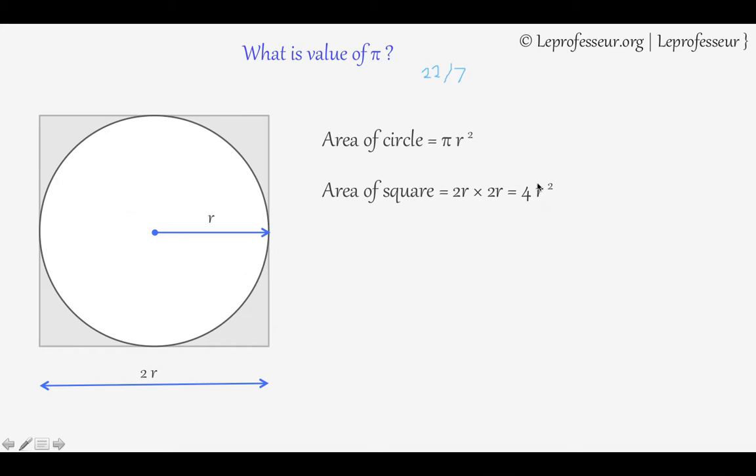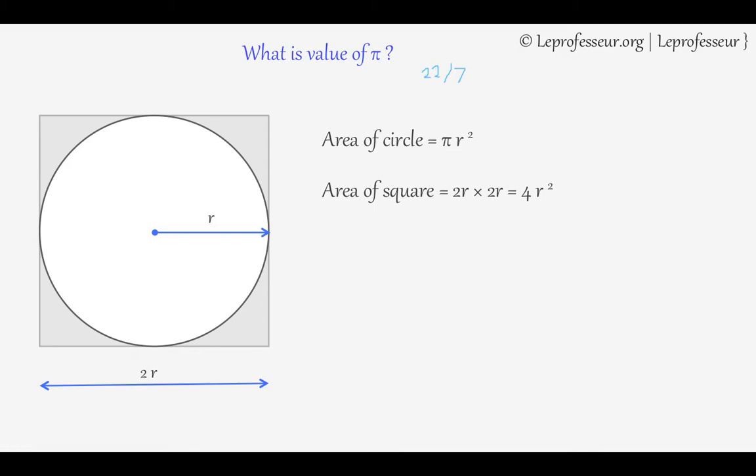What if we divide the area of the circle by the area of the square? Then r square cancels, and we get pi by 4. So pi equals 4 times the area of the circle divided by the area of the square. The essential question is that we don't know either the area of the circle or the area of the square. So what can we do in that situation?